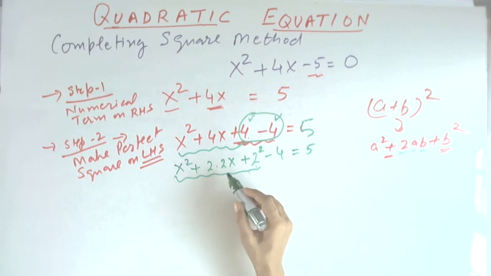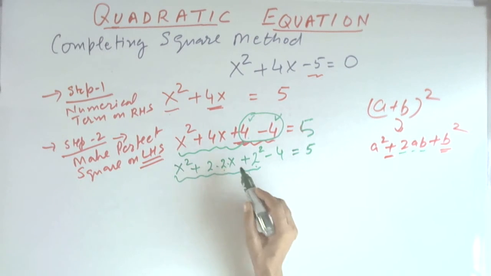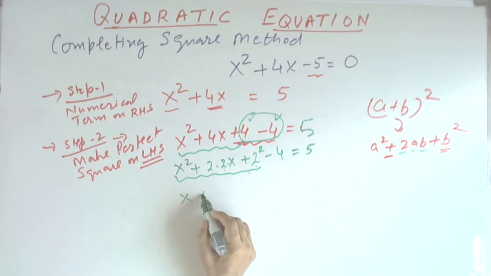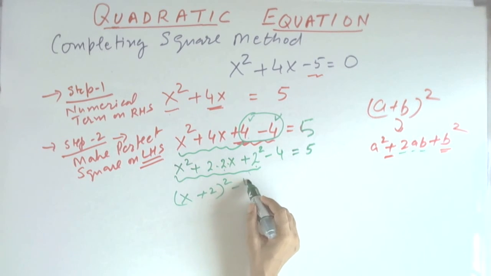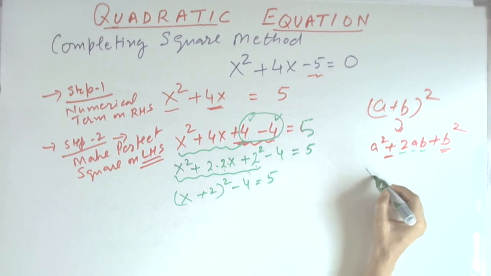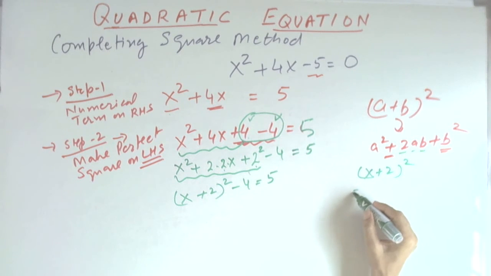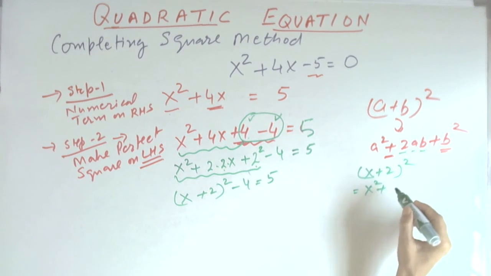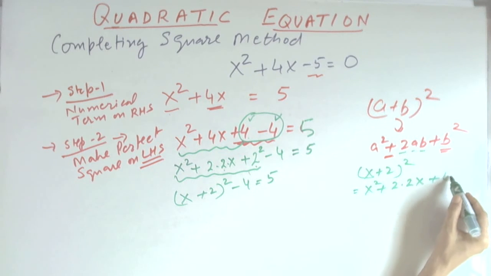So 2 into 2 into x, this will become x plus 2 square minus 4 equal to 5. How? x plus 2 square is equal to x square plus 2 into 2x plus 4.